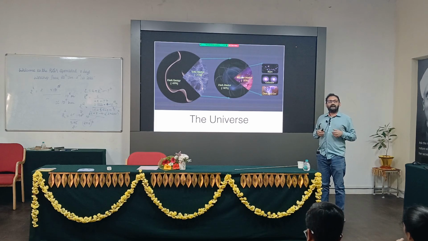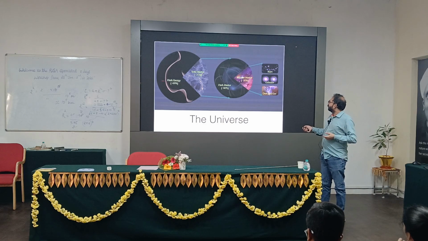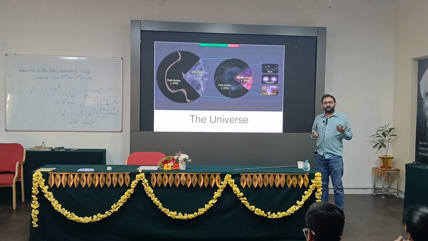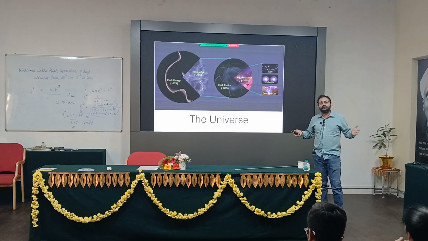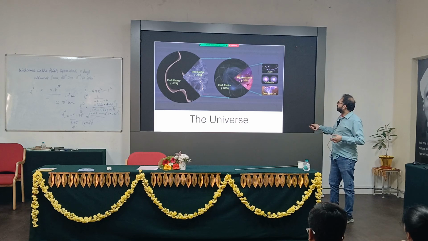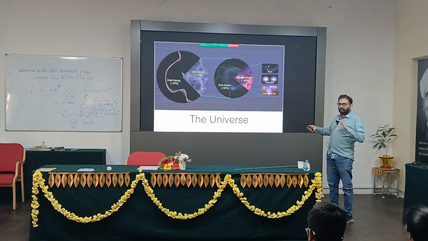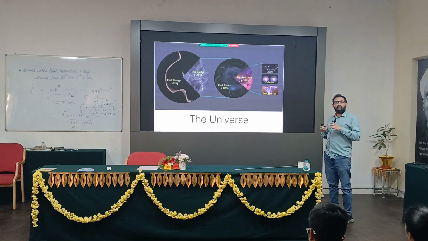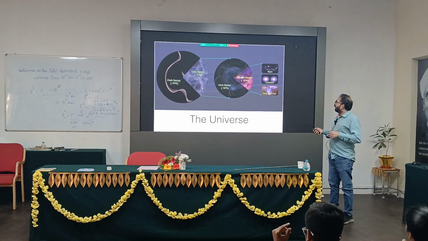Even astronomers don't know what about 80% of the universe is made of. We only know from these calculations that, taking 100% of the entire energy and matter, 69% is called dark energy. We really don't know what energy it is or what form it takes.